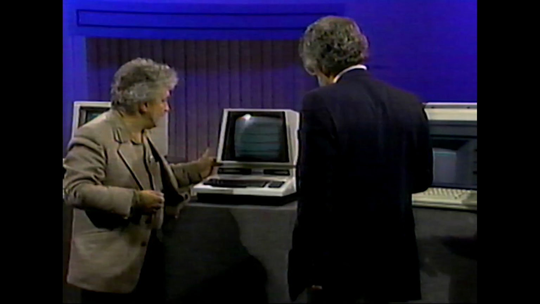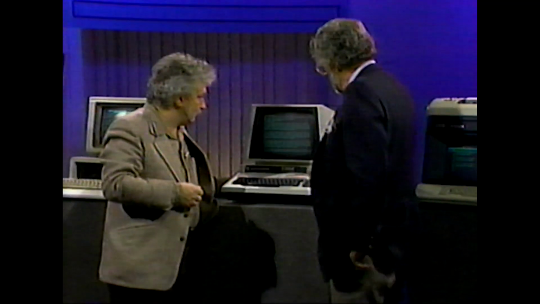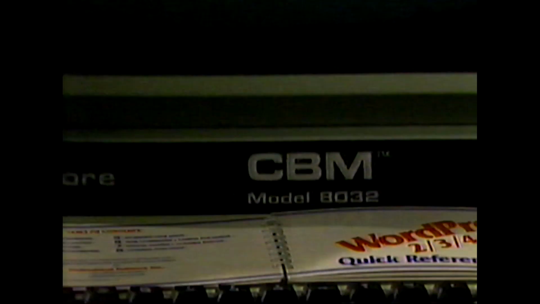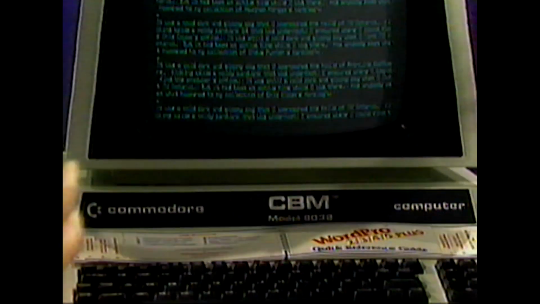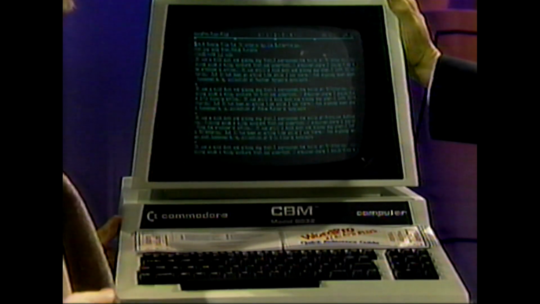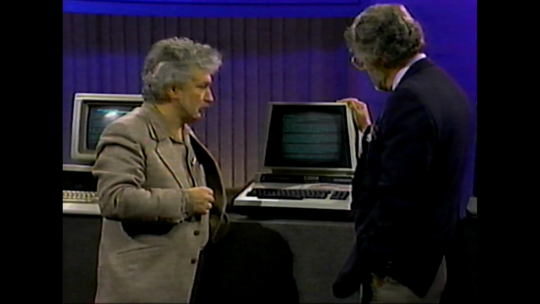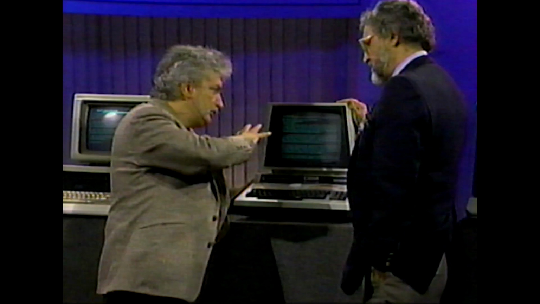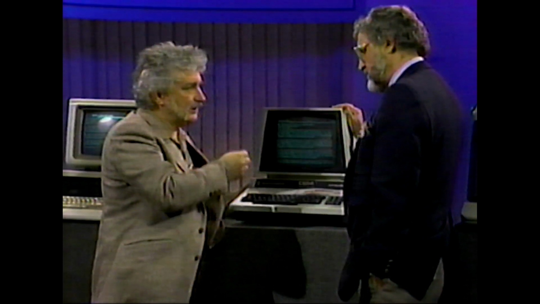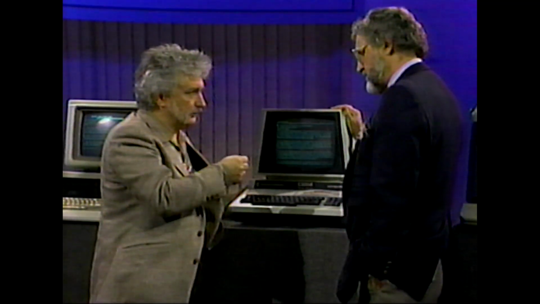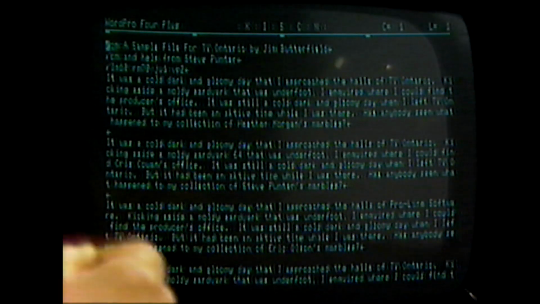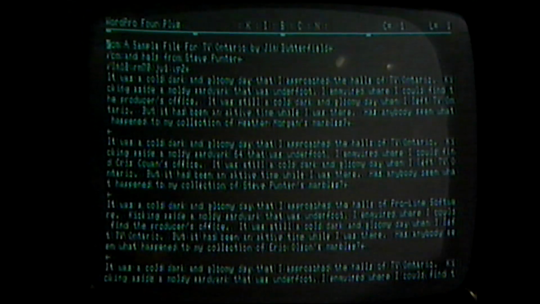Here we have a Commodore Model 32 computer. All right, the ordinary microcomputer with word processing software. Right, this one has a Word Pro 4 Plus software in it, and it becomes a word processor. Now, one of the styles of this word processor is that what you see on the screen as you type in doesn't look like the final piece of paper. So what we have here is a large amount of information on the screen.